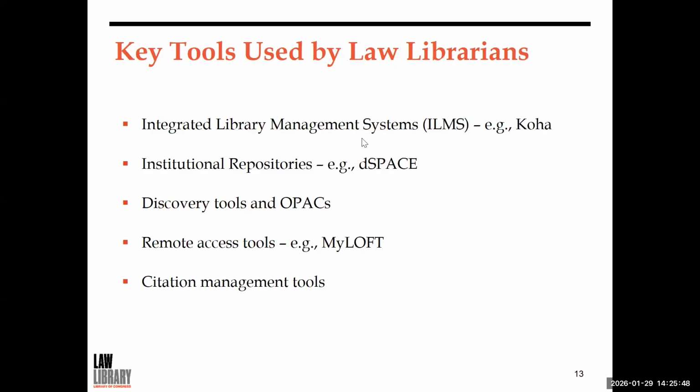It's a very good platform that helps us in managing library resources. The institutional repository, I've talked about it, DSpace, Discovery, and the OPAC, online public access catalog. For remote access, we use MyLoft, my library on fingertips. Various citation management tools are also available, and we teach our students how to cite information resources.